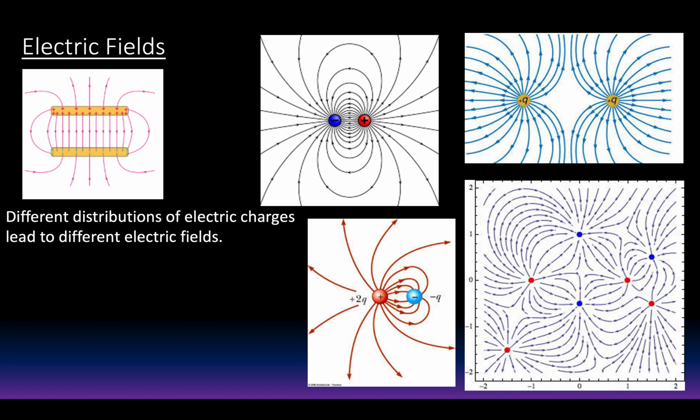There are two things I would like to point out here. First of all, notice that in all of these pictures, the electric field lines never cross. Electric field lines are always going to be parallel or infinitesimally close to parallel with each other.